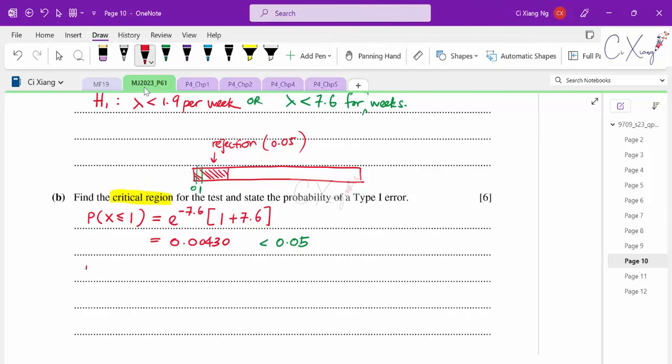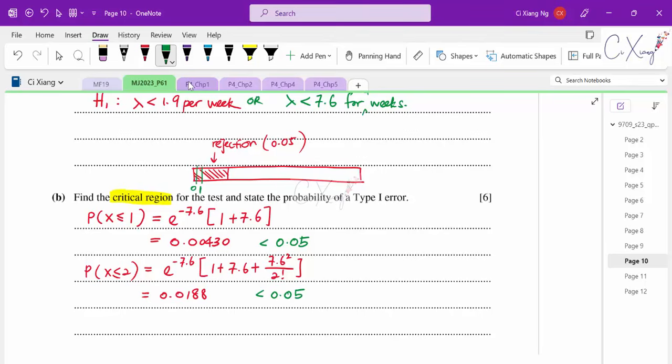Then now I want to continue to test for x smaller than or equal to 2. It will be e negative lambda times 1 plus lambda plus lambda power 2 divided by 2 factorial to calculate the area for x smaller than or equal to 2. If I calculate it, I get the answer 0.0188. Compared with the significance level, it is still smaller than 0.05.